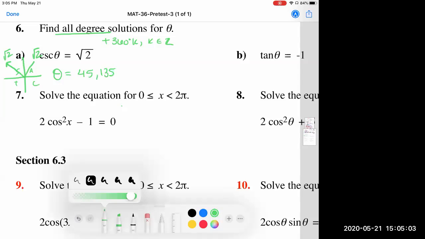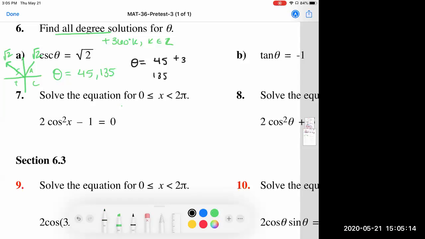And we will write it as theta is equal to 45 and 135 plus 360k, and k is contained in the integers.